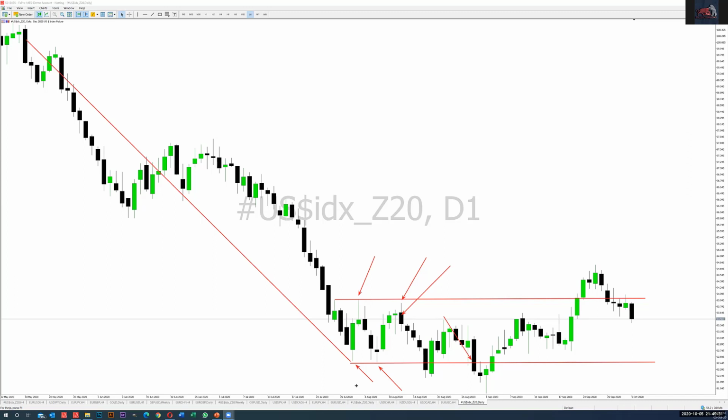A seller. Every time price approached these lows here, this area, you would have been a buyer. You see? That's how you trade in a range.